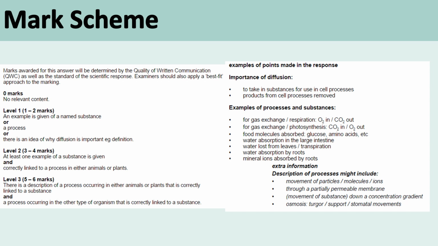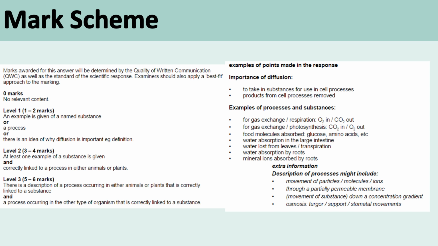So you can see for level 1, you need to give an example of diffusion, giving a named substance, or you could give a process of where it is happening, or the idea of why diffusion is important. For level 2, you need at least one example and link to a process in either animals or plants.